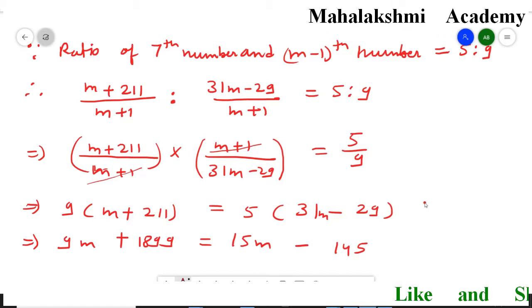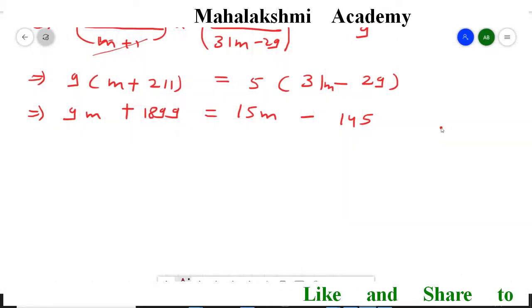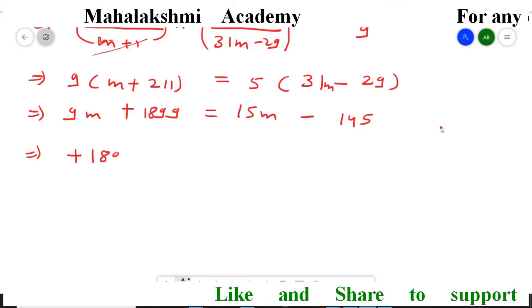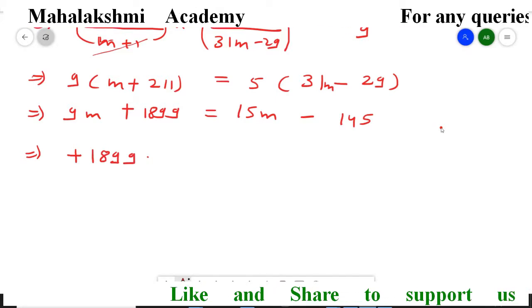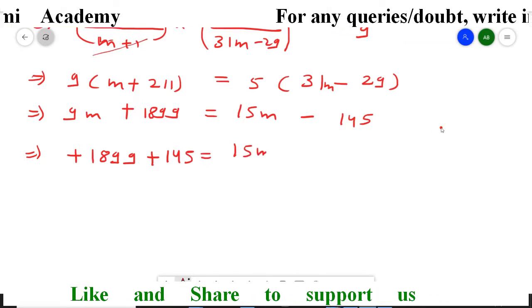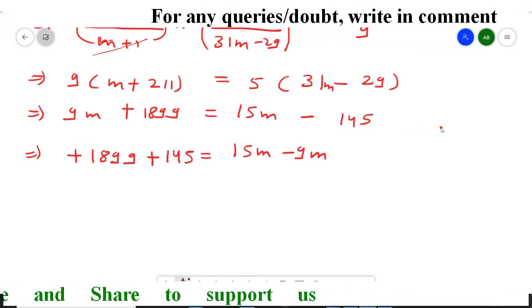Now we have to separate the variables and constants. We obtained an equation, and we'll solve it. So that will give us 1899 plus 145 is equal to 155M minus 9M.